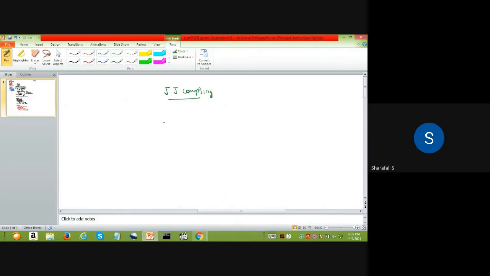We have an atom like this with 2 electrons, and another atom, a little larger. So we consider this first orbit, this second orbit. We have, say, 2 valence electrons here, 2 electrons in the orbit.